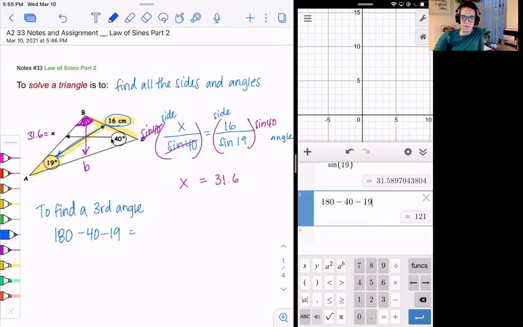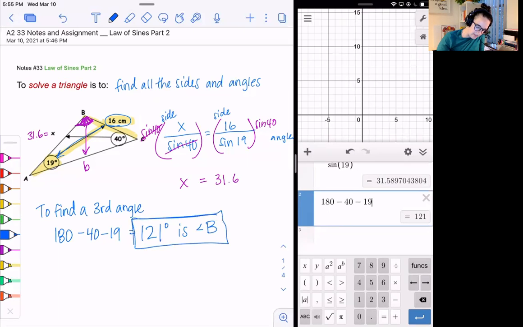I take away the angle I know, take away this angle here, and I can find this angle right there is 121. So 121 degrees is angle B, right? I want to box that because that's a part of our answer. That's one of the angles. And then on my drawing, I'm going to go ahead and write 121 degrees.